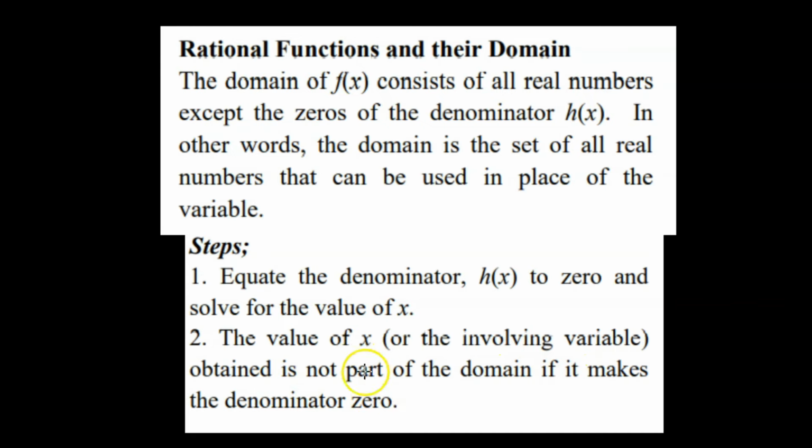So it means that whenever you are stating the domain, after solving for the value of x at the denominator, all values of x in the real number system will be part of the domain, except that value of x you obtained when you solved for the value of x at the denominator.